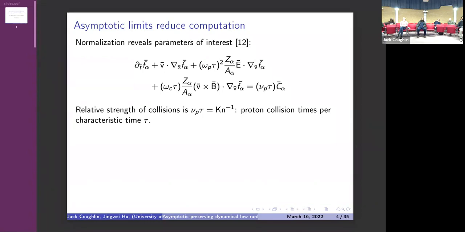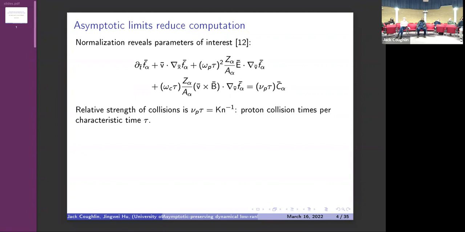Together these tell you what's the effect that's strongest in my plasma. When the plasma frequency is very large, you'd have no charge separation. There's no chance for electric fields to form, really. When the cyclotron frequency is very large, it's a very magnetized plasma.